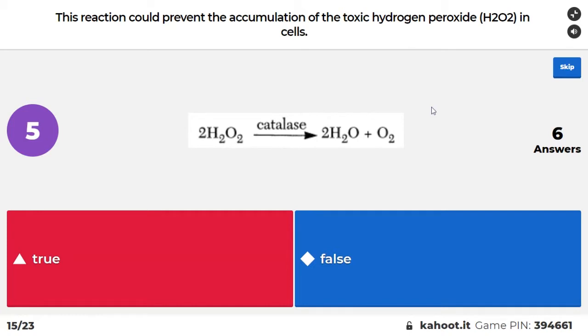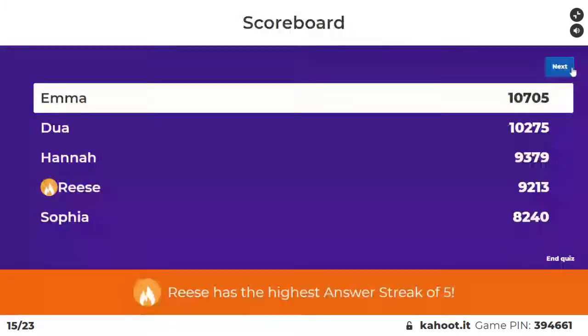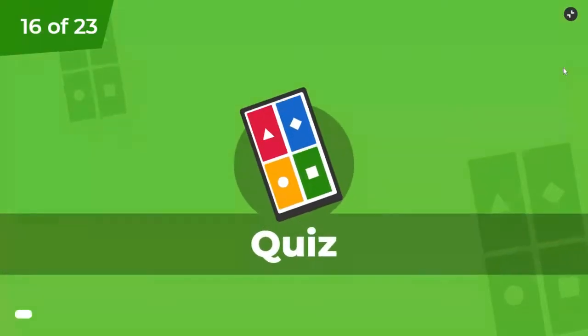So the question is, would this prevent accumulation of hydrogen peroxide? And yes, it would. That's exactly what it would do, because it's breaking it down into harmless water and oxygen gas. So yes, that is a true statement. Nice job.